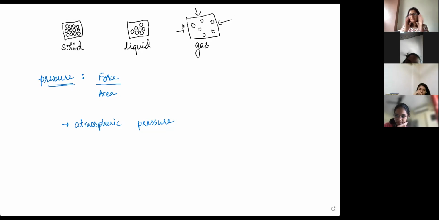Imagine a box of gas, and I'm increasing the pressure, pressing all the particles closer together. So what will happen to the gas? Yeah, Suhani, can you repeat that? It will turn into liquid.